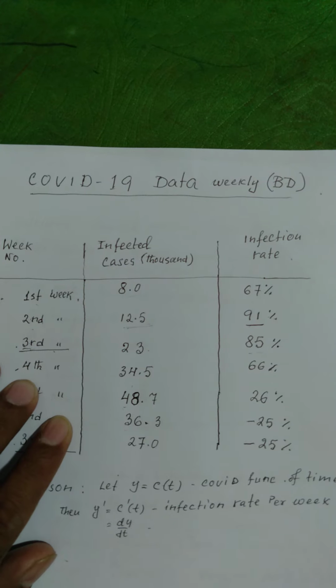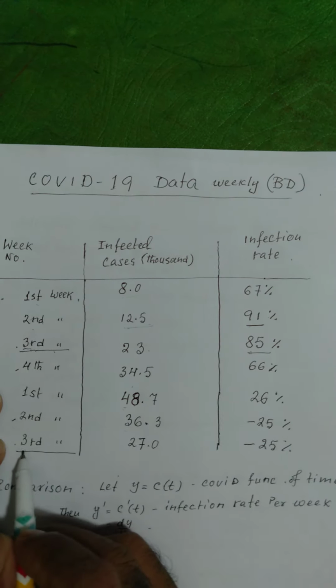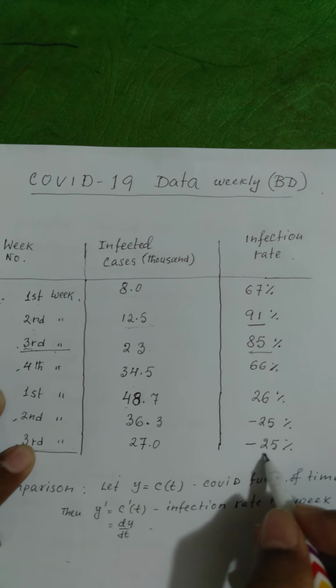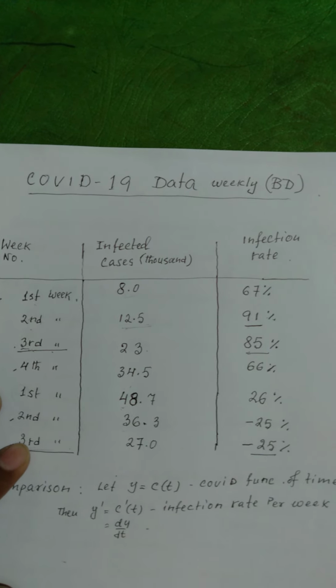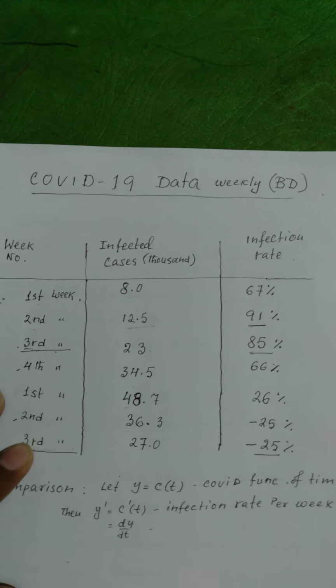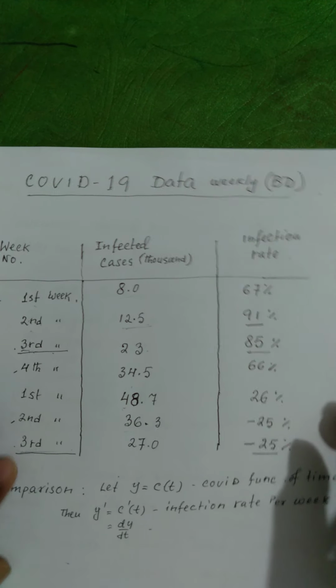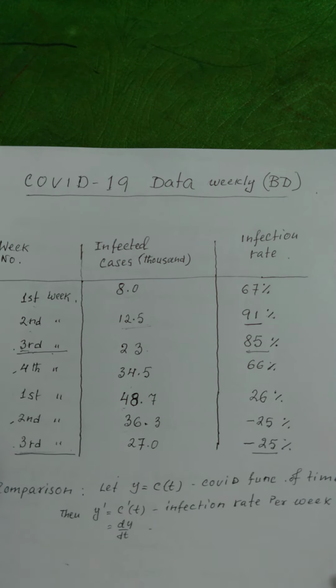Third week, 85%, but in the third week of April infection rate is minus 25%. That is, infection rate decreases. The situation is getting better.